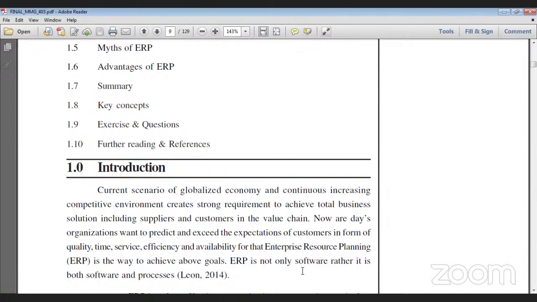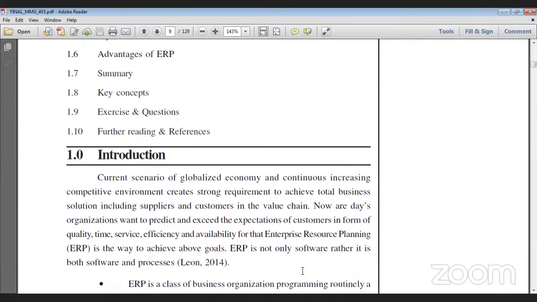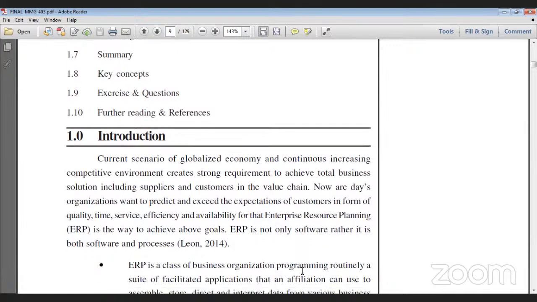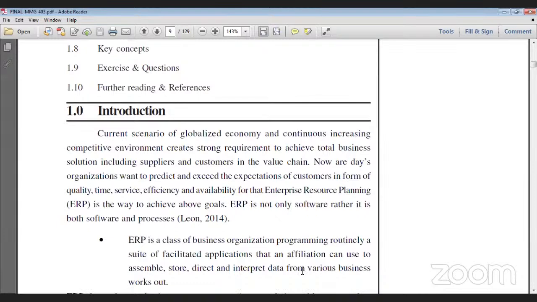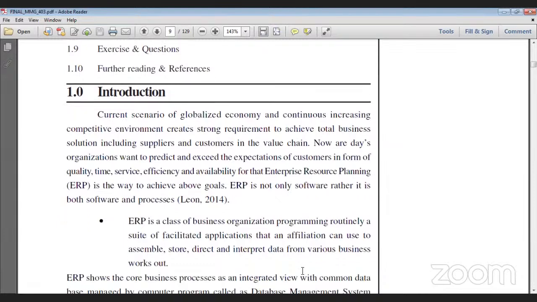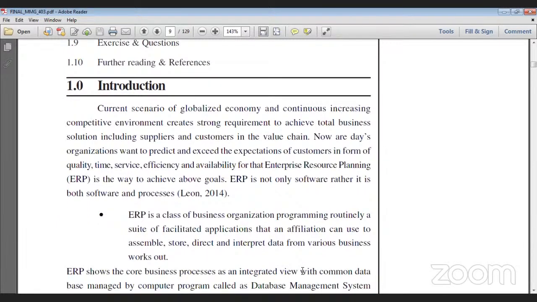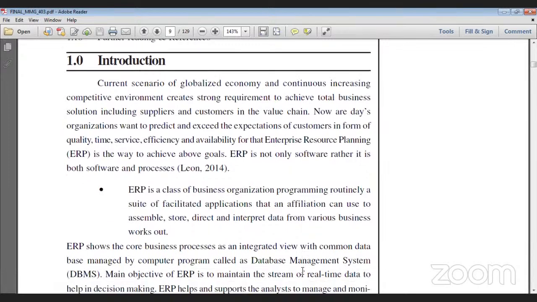Nowadays organizations want to predict and exceed the expectations of customers in the form of quality, time, service, efficiency, and availability.